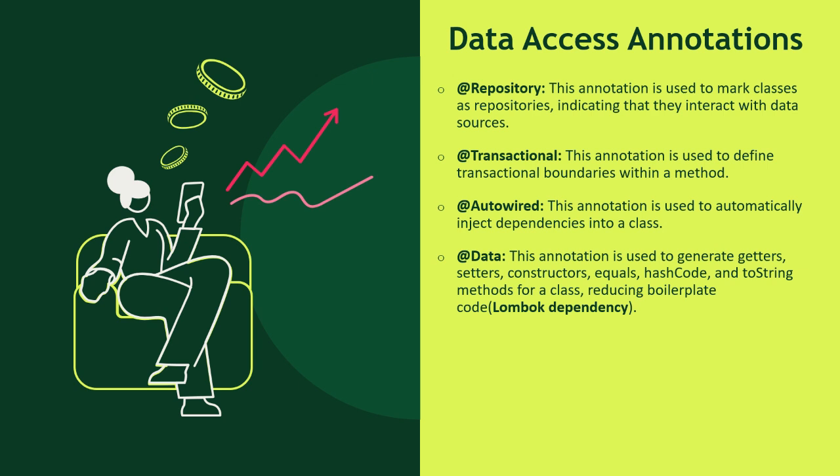Then there is @Transactional. This works at the transactional level. It defines the boundaries of a method, and wherever you define it, it applies its own isolation level and propagation level. There are different isolation and propagation parameters which can be used, depending on how you want to deal with the transaction aspect of your application.